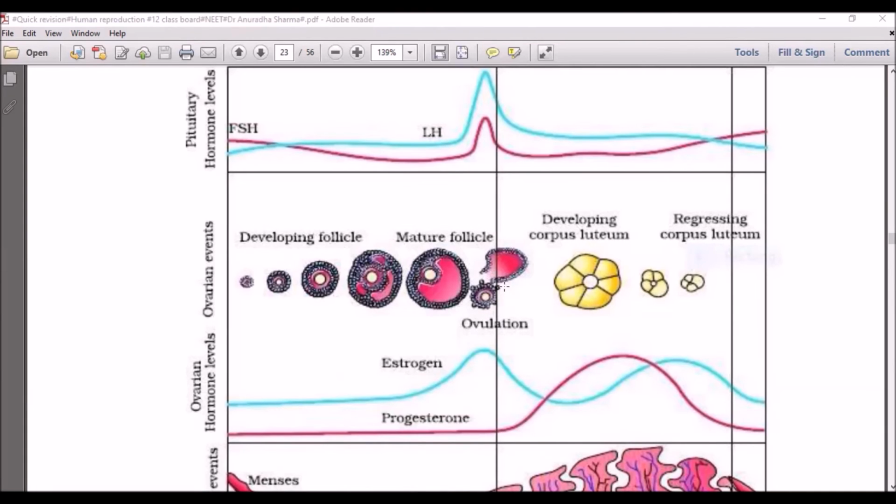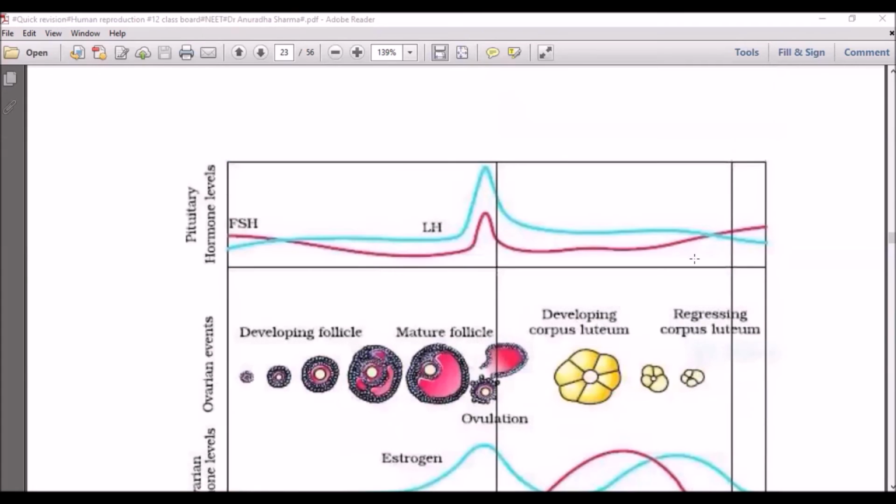Now there are certain remnants present in the Graafian follicle. They form the corpus luteum. What is the function of corpus luteum? It secretes progesterone, and this progesterone helps the endometrium so that the zygote can be implanted. There are various changes occurring in the endometrium. So this progesterone will help the endometrium in implantation of the zygote.